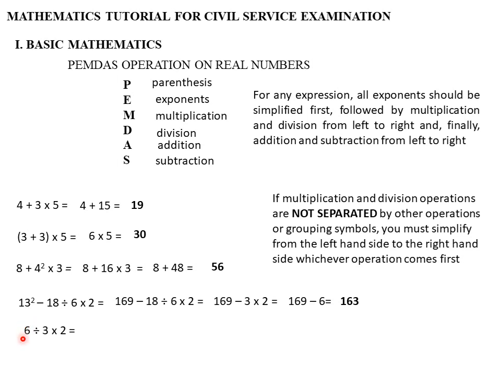Okay, so let's try 6 divided by 3 times 2. Again, there is no separation by other operation. So we will solve it from left to right. That is the correct way. 6 divided by 3 is equal to 2. So 2 times 2 is equal to 4.